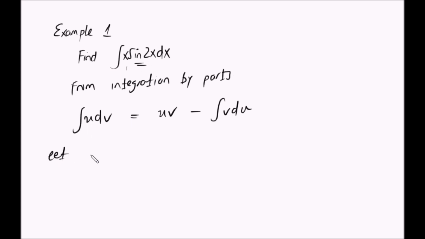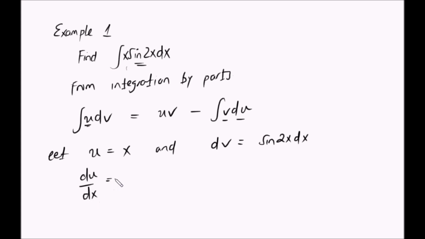So I'm going to let u be equal to x, and I'm going to let dv be equal to sine 2x dx. But I also need to find du and v. So to get du, I'm going to differentiate u with respect to x. I will get 1. And to get v, I have to integrate dv. So I have to integrate both sides.